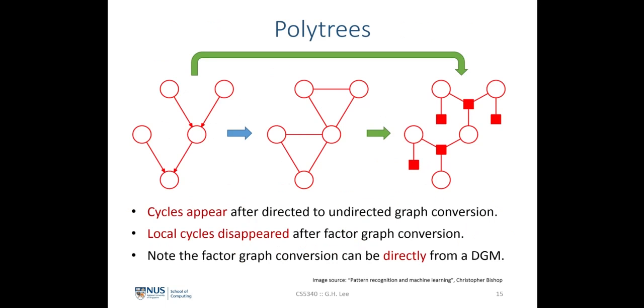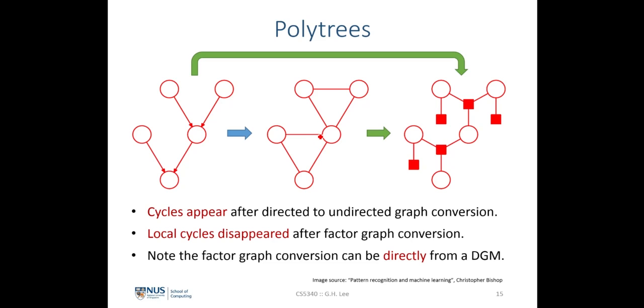So here's another example. We saw in the earlier lecture that a poly tree is defined to be any tree where a child can contain two or more parents, and there will be a lot of local cycles appearing after we have done moralization to convert the directed graphical model of the poly tree into an undirected graphical model.